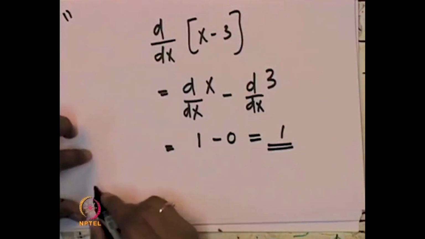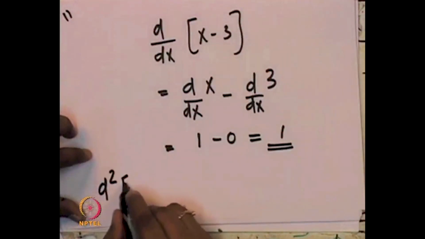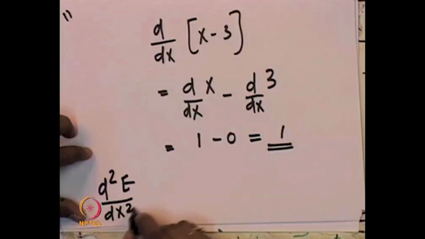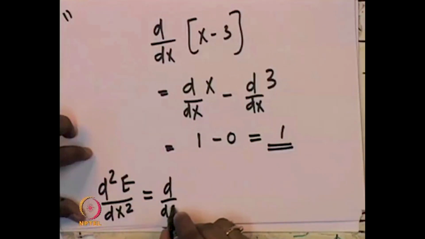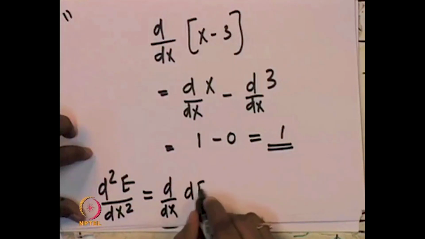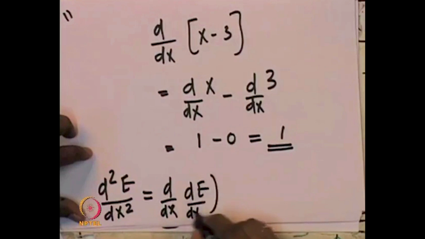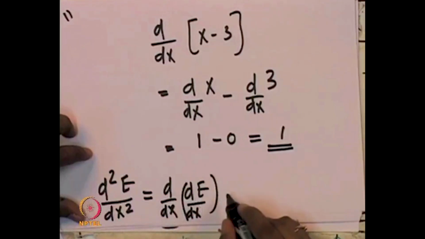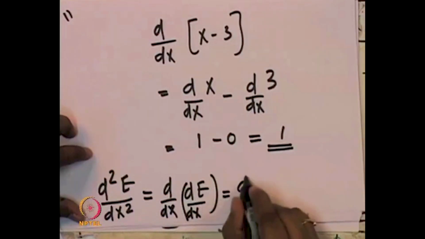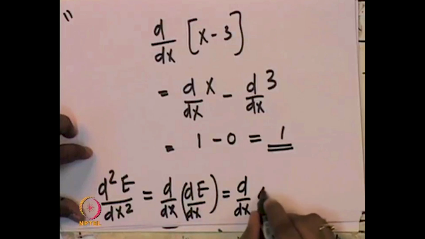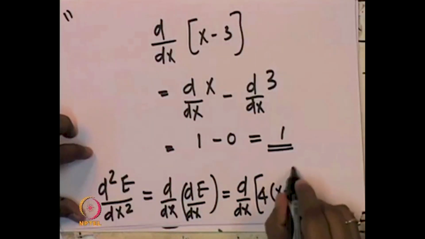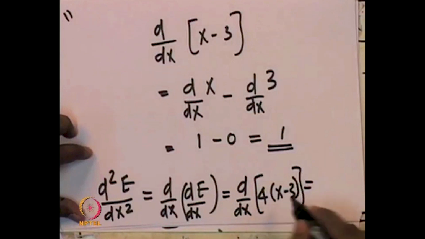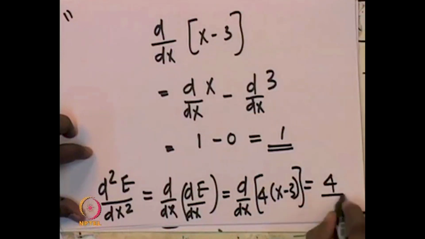So, the second derivative d square E by dx square is d by dx of dE by dx, and we found that dE by dx is 4 into x minus 3. So d by dx of 4 into x minus 3, and the derivative of x minus 3 is 1, so the answer is just 4.